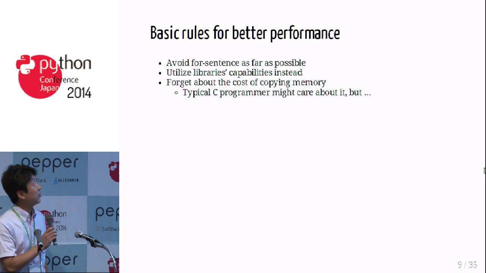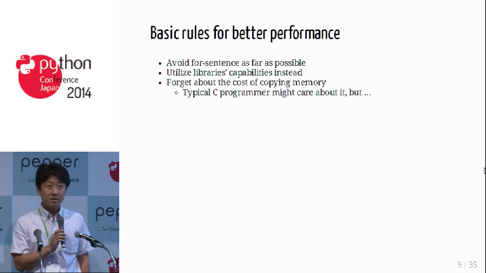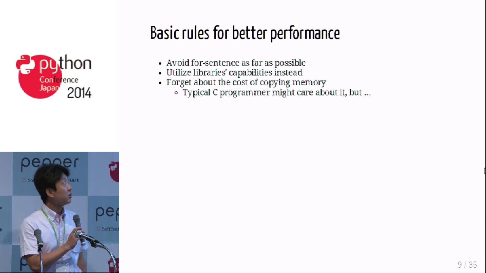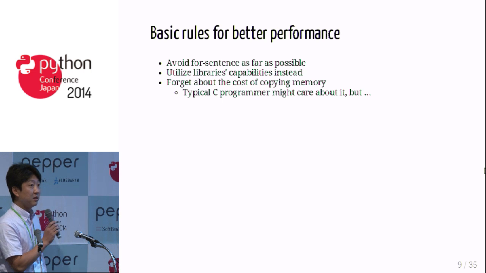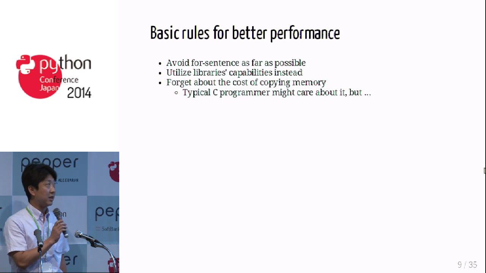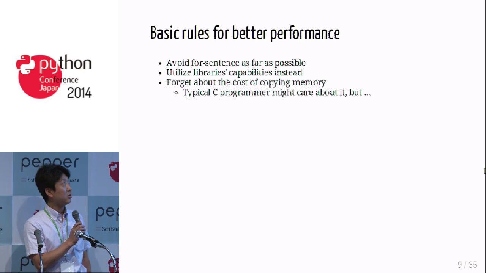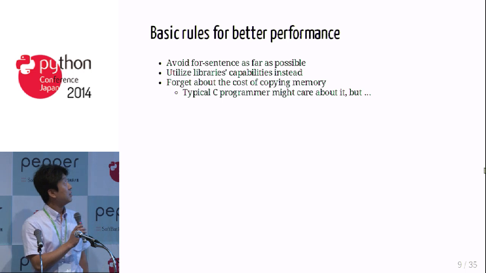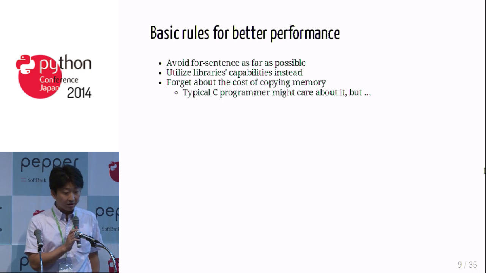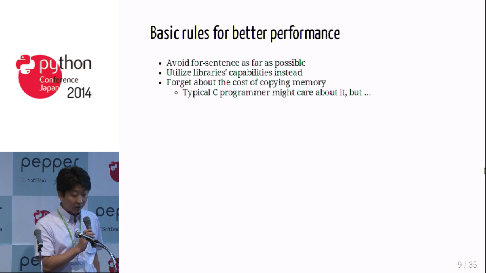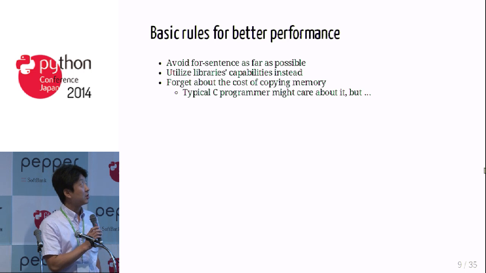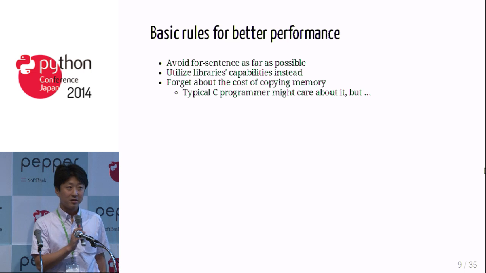First, anyway, you should avoid for-loops as far as possible. For-loops are very slow. And utilize the library's capability instead. In that example, I used arange and the sum method. That makes it much faster. And the third practice is, forget about the cost of memory copying. A typical C programmer might care about that.